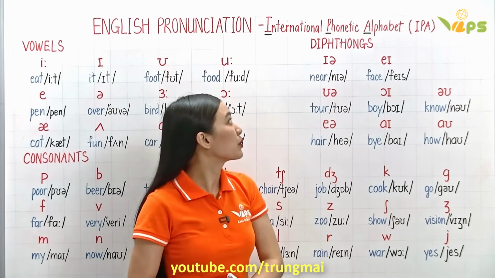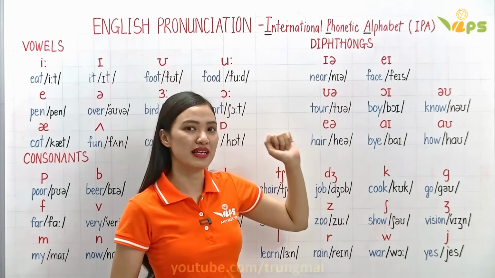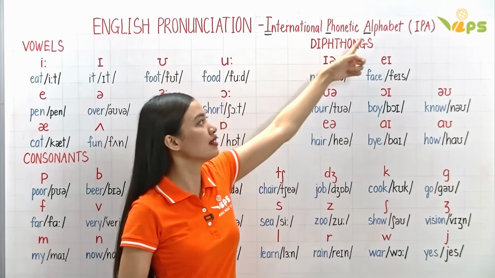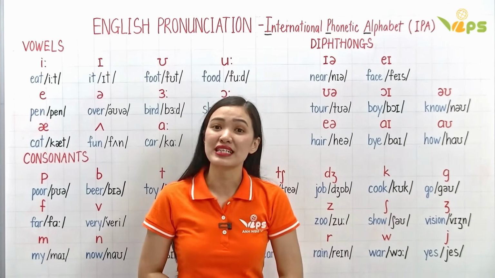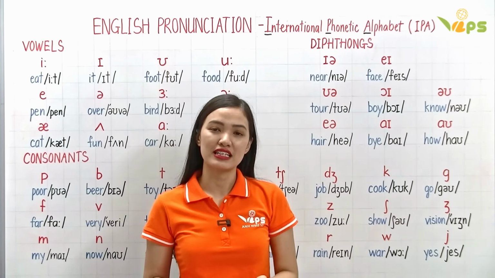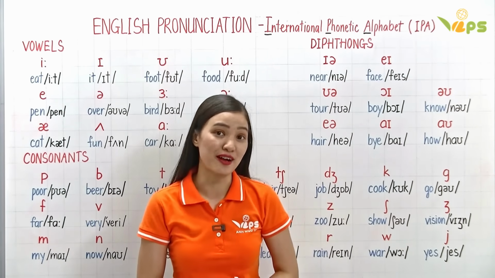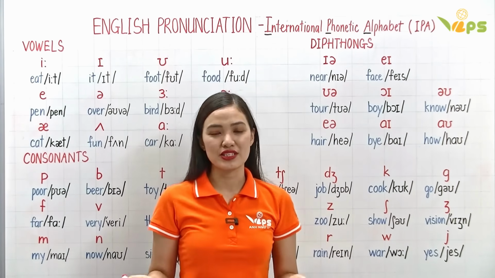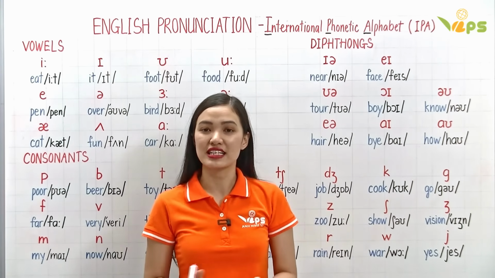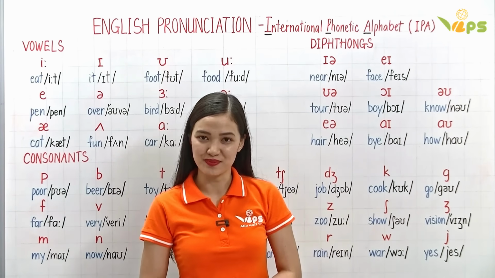In particular, we're going to study the International Phonetic Alphabet, or IPA. Why do we need to study IPA? Well, as you may know, the way an English word is spelled is different from the way it is pronounced, right? So the best way to make sure that you are pronouncing an English word correctly is to study English pronunciation.